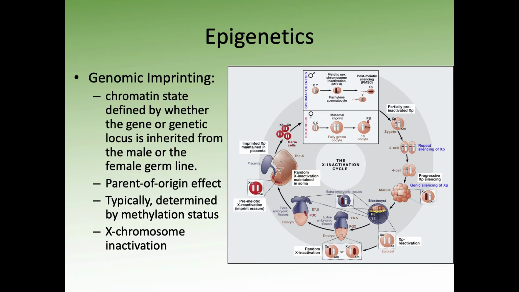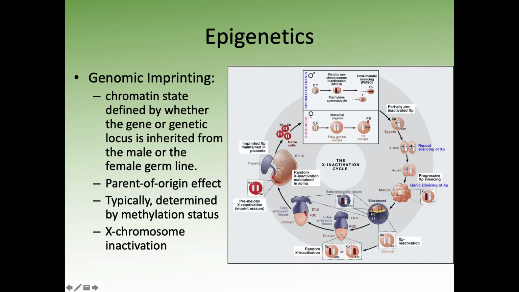X chromosome inactivation is one of the areas where this kind of process is thought to be important. So if we look at what goes on in this process, we have a partially pre-inactivated XP, the X chromosome coming from the father.